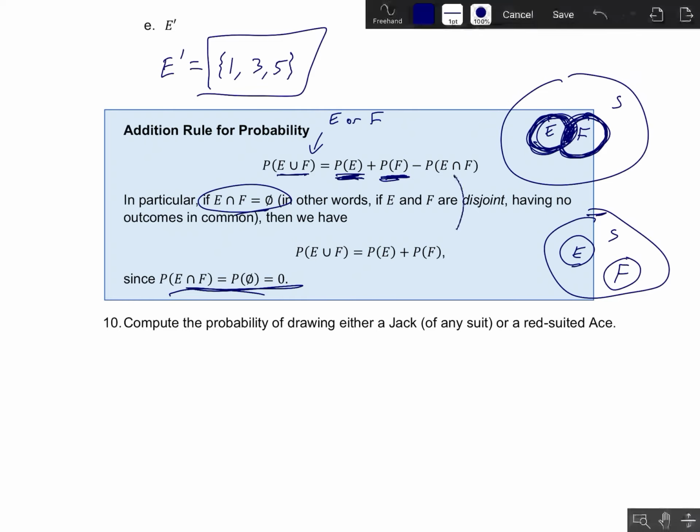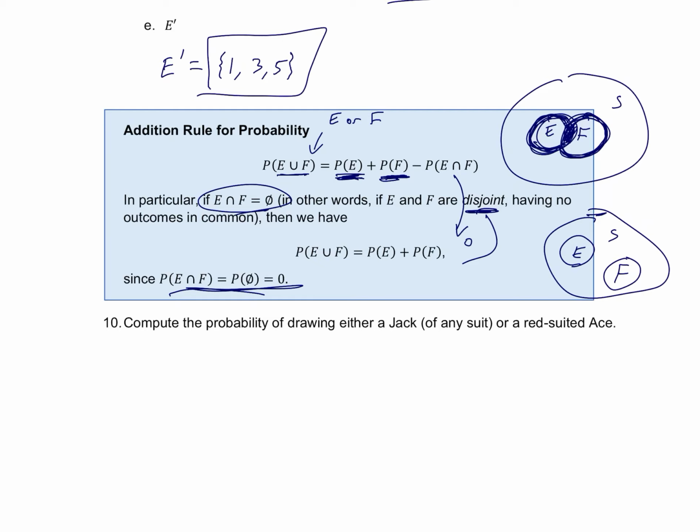It's just that this last term would be 0 if we were applying this formula to disjoint sets. Because if E and F are disjoint, then this would just be the empty set whose probability is 0. So you'll need to use this top formula in general, but the bottom formula applies if E and F are disjoint.